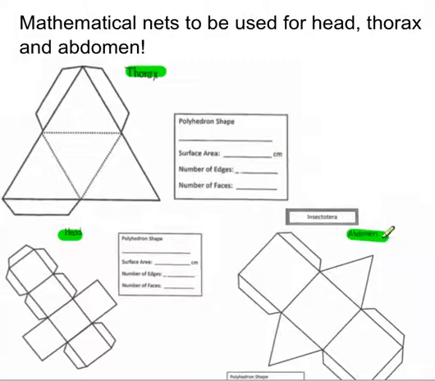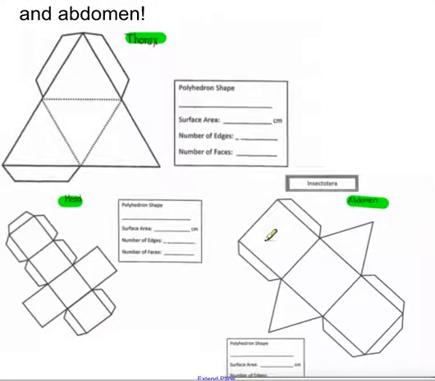Now you're going to have to do some mathematical work. Those math teachers, you know, they're going to whip you into shape, so they're going to take these polyhedral shapes, and they want the surface area and number of edges and number of faces included in there. So you're going to have to do some of that work and submit that to the math teachers.